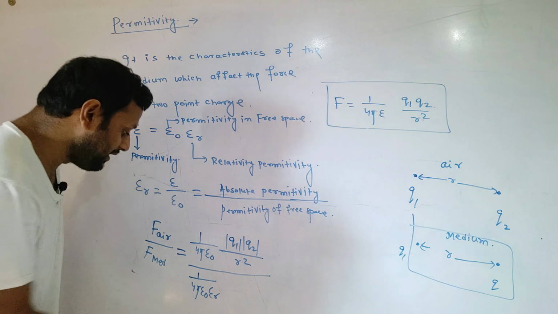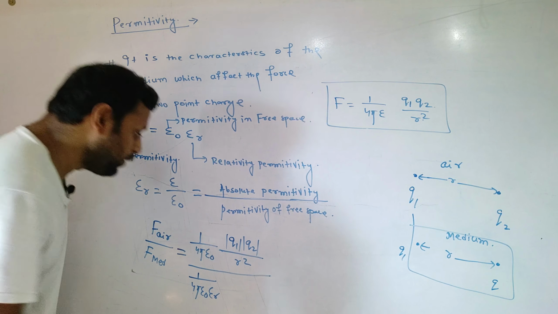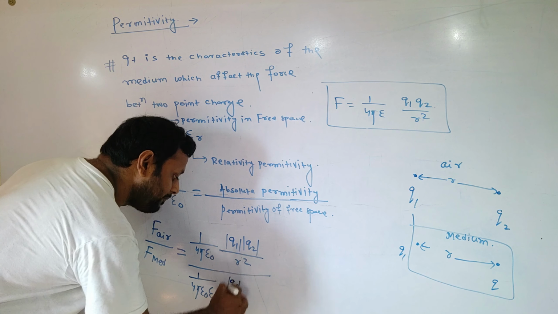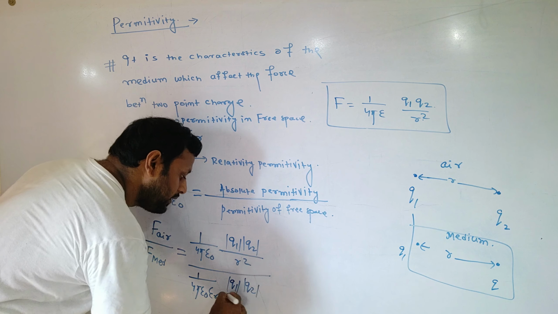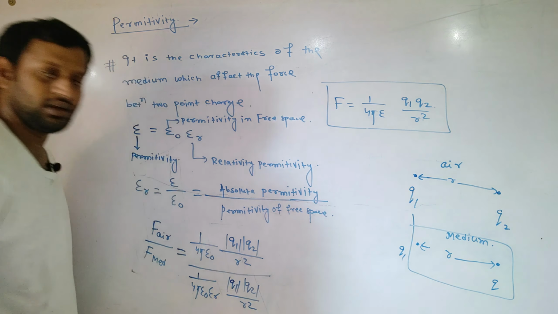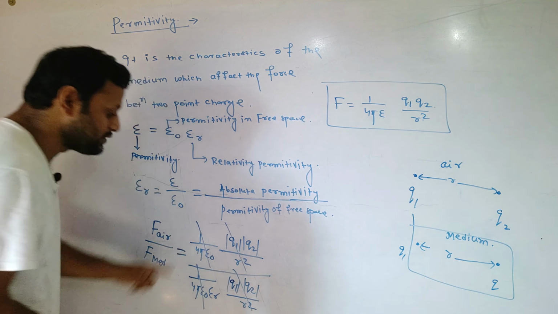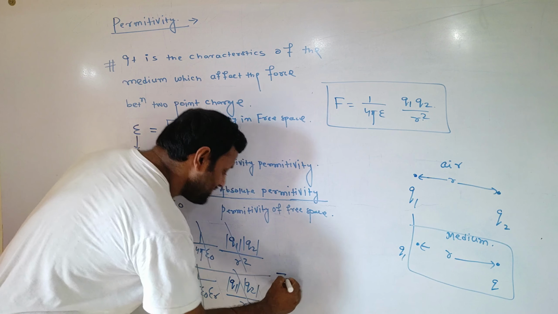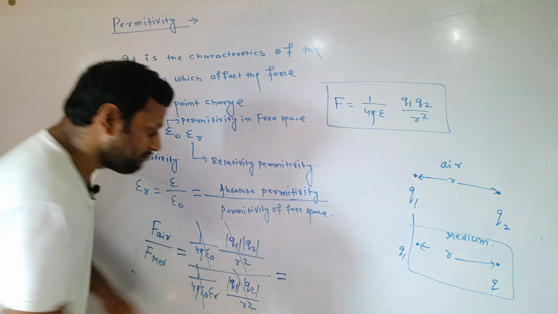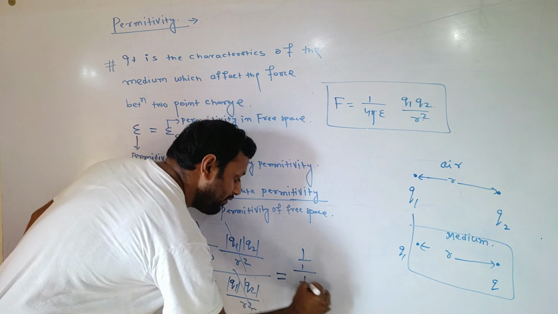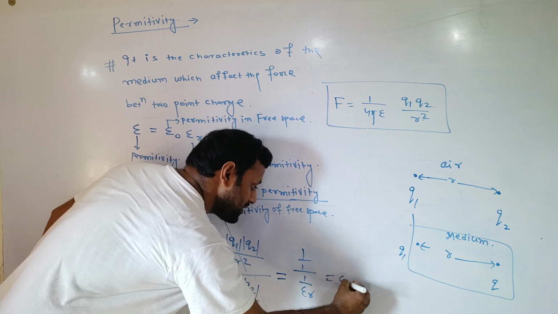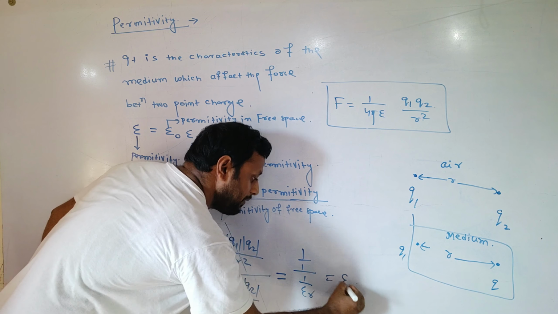I have to put that relative permittivity value over here. Again it is Q1 into Q2 divided by r square. So this and this get cancelled, this and this get cancelled. What remains is 1 by 1 by epsilon r, that is epsilon r, that is relative permittivity.